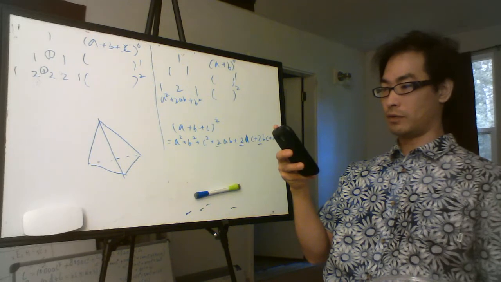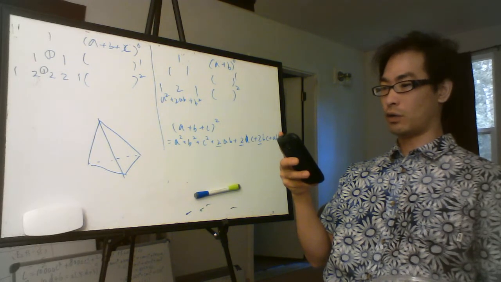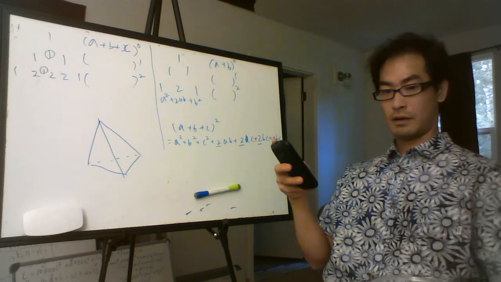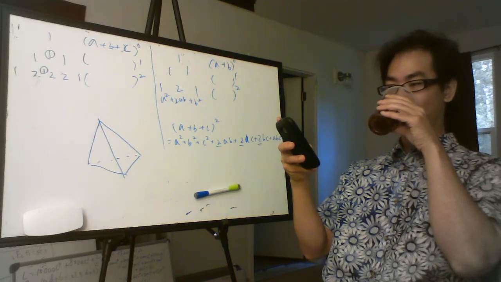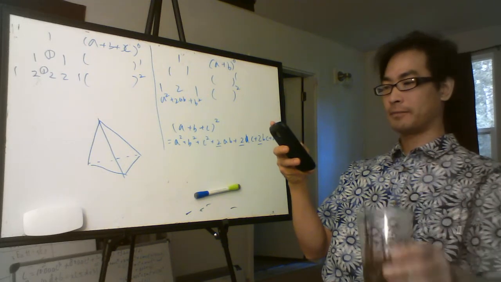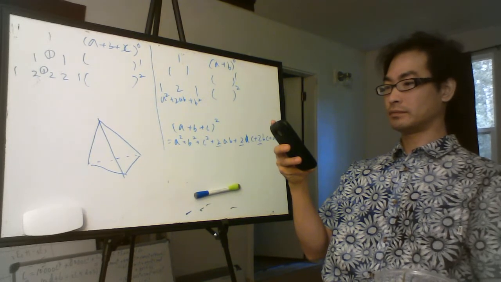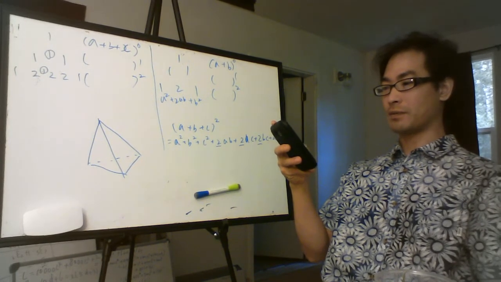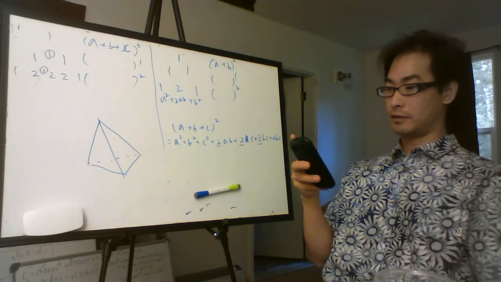Do we have a four-dimensional version? Multinomial coefficient. Okay. They have something like that. Yeah. Good. I'm glad that it's already there.